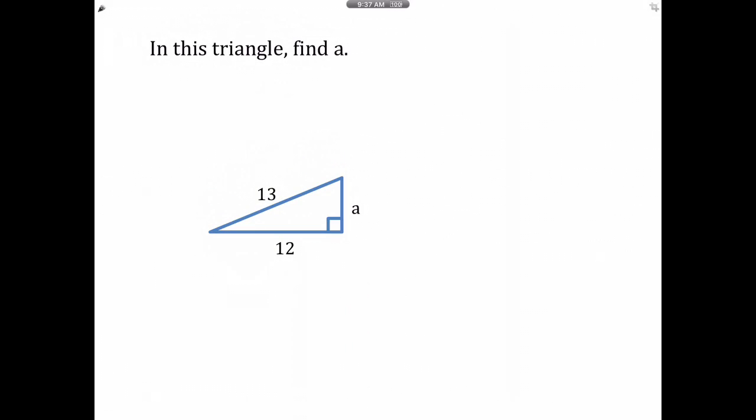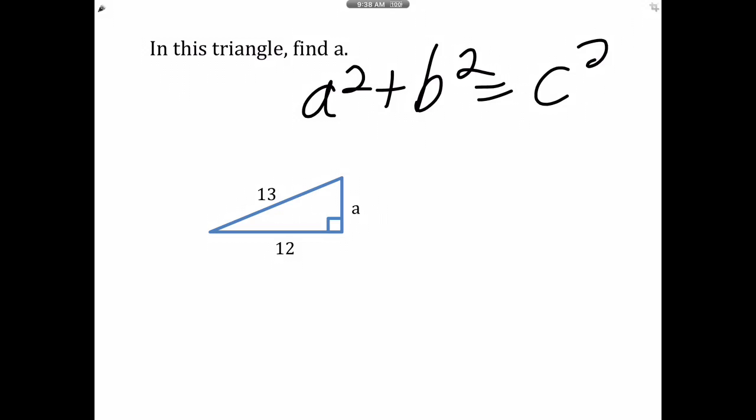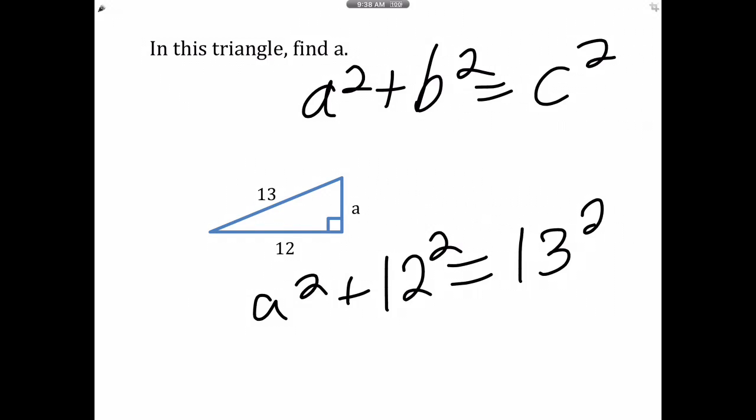Okay, in this case, we actually have the hypotenuse. So we have a squared plus b squared equals c squared. This is where you have to use your balancing equations and things like that. So we have a squared, we don't know what a squared is, then plus 12 squared equals 13 squared.